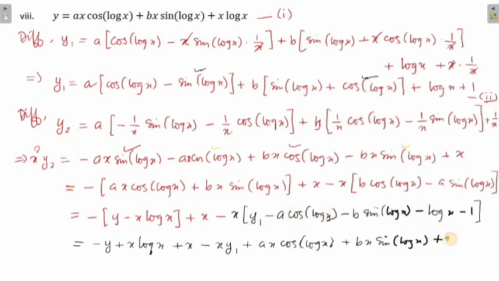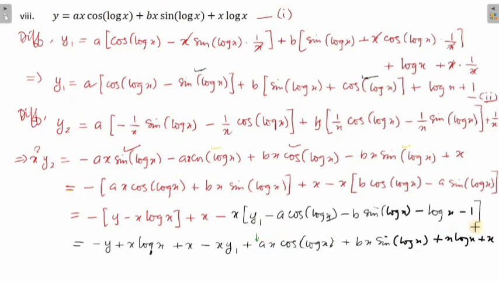Finally minus into minus gives plus x. Now look at this carefully, just this much.